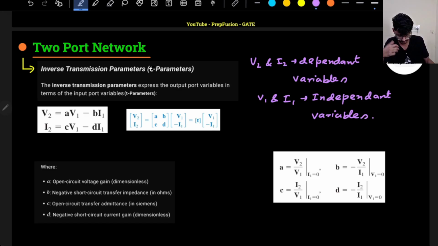So that is just one thing. V1 and I1 should be independent. So basically we define our output port variable in terms of input port variables. That is what we do.